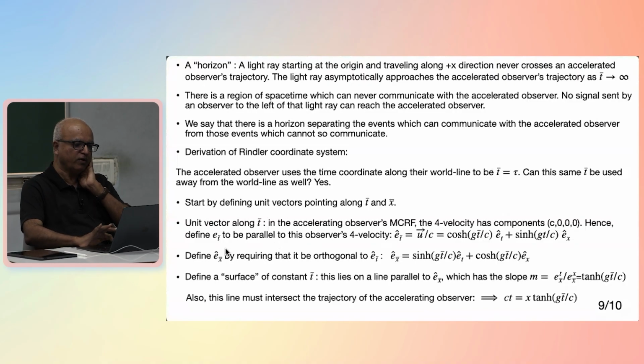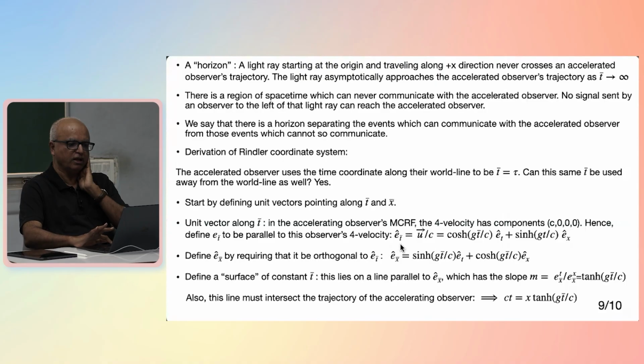Hence, define E t bar to be parallel to this observer's 4 velocity. I hope you see this. In the MCRF, the 4 velocity of the accelerating observer is time-like. So, the time-like direction should be parallel to the 4 velocity of the uniformly accelerating observer.